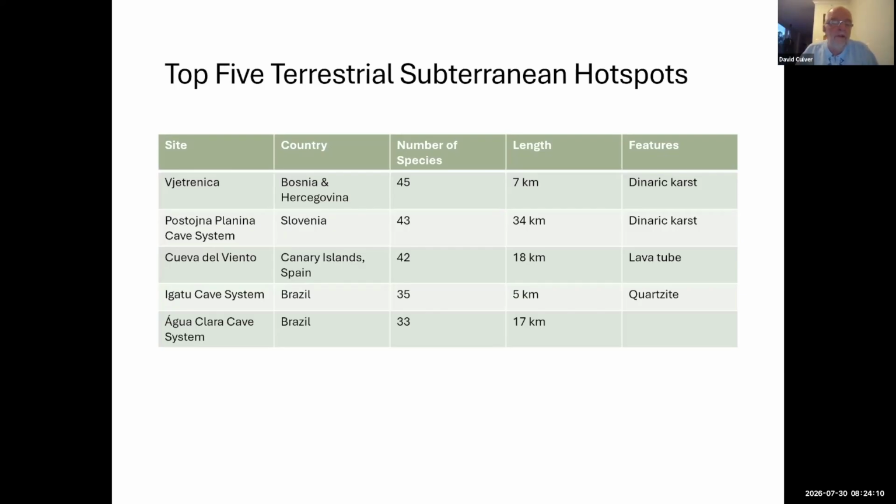We have Cueva del Viento, which is a large lava tube in the Canary Islands. And we have two caves in Brazil, one a large karstic cave, Aqua Clara, and a very strange anomalous cave, Igatu cave system in quartzite. Yes, quartzite. I know caves don't form in quartzite, but here it is. And that's an anomaly I'll come back to mention again.